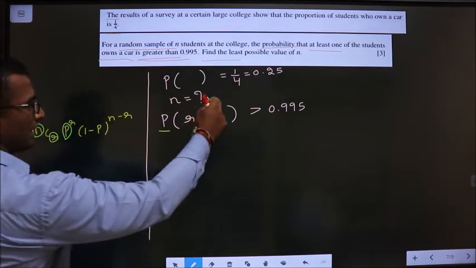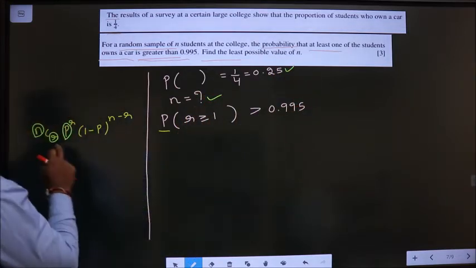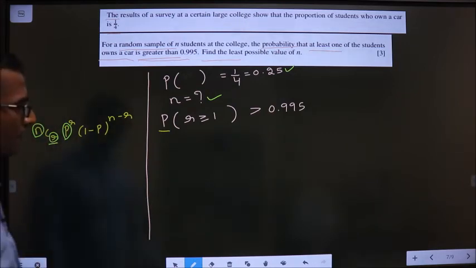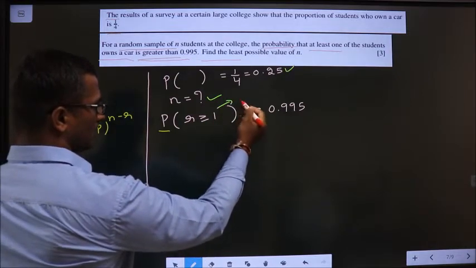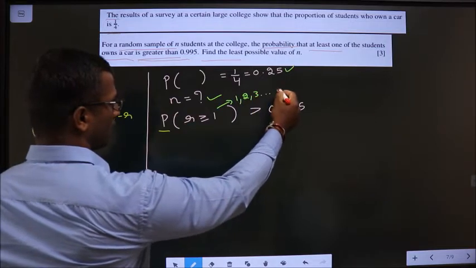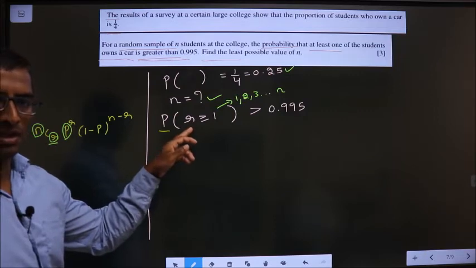So n is what we need to find out. P is 0.25. And now let us decide the values for r. So r is greater than or equal to 1. So r starts from 1, 2, 3, and so on up to n. I get many values for r.